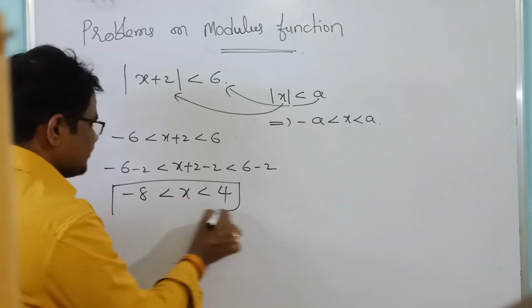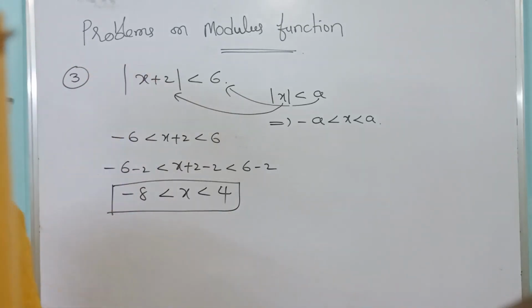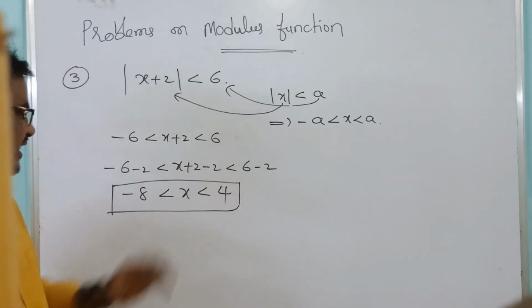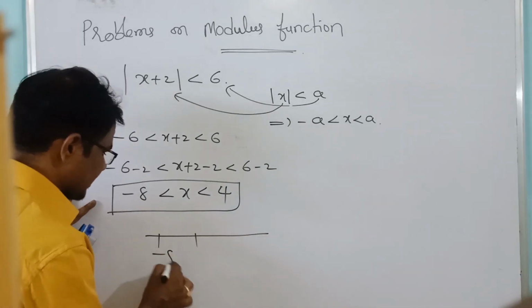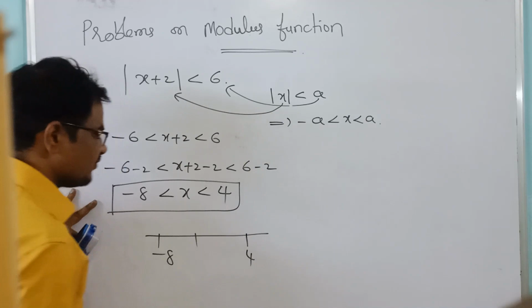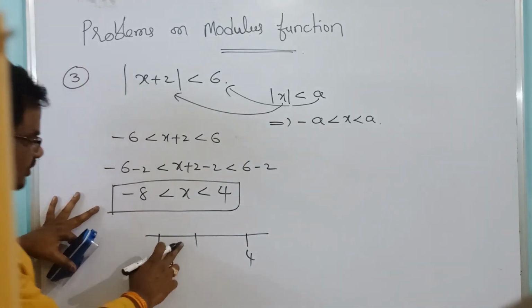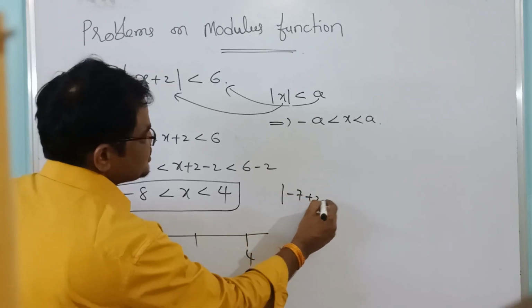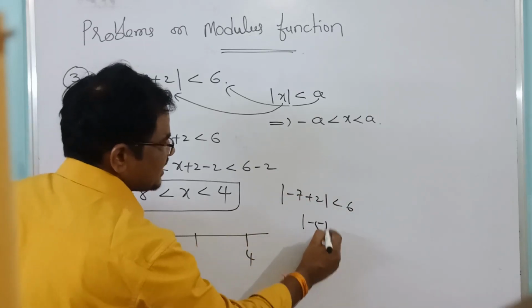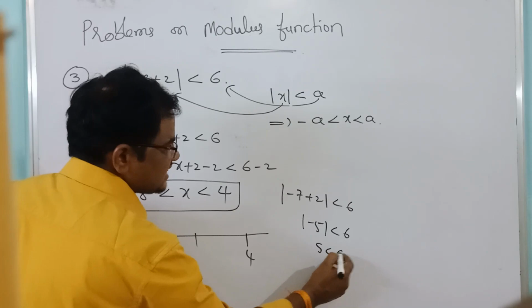From this, substitute any value and check whether it is satisfied or not. Here x exists from minus 8 to 4. Substitute minus 7: modulus of minus 7 plus 2 is modulus of minus 5, so 5 less than 6, satisfied.